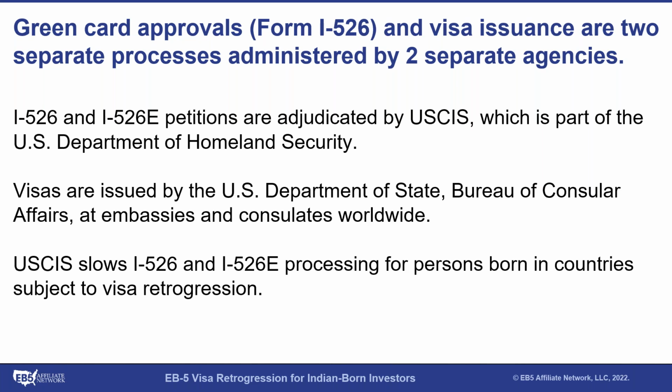So that's kind of the genesis of this particular application. Now, as 526s, which were pre-RIA, and 526Es, which are post-RIA, get adjudicated and visas get issued to the pre-RIA guys, we will then have better data as to where India is going to land. But it's not something that we're going to be able to predict this early.